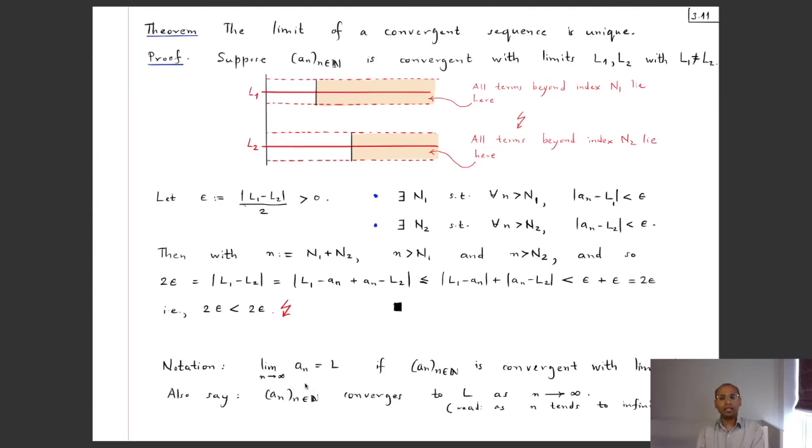And sometimes, as I mentioned earlier, we read this as saying that the sequence a_n converges to L as n tends to infinity. So we will use both of these phrases: either the sequence is convergent with limit L, or we can equivalently say that a_n tends to L or converges to L as n tends to infinity.